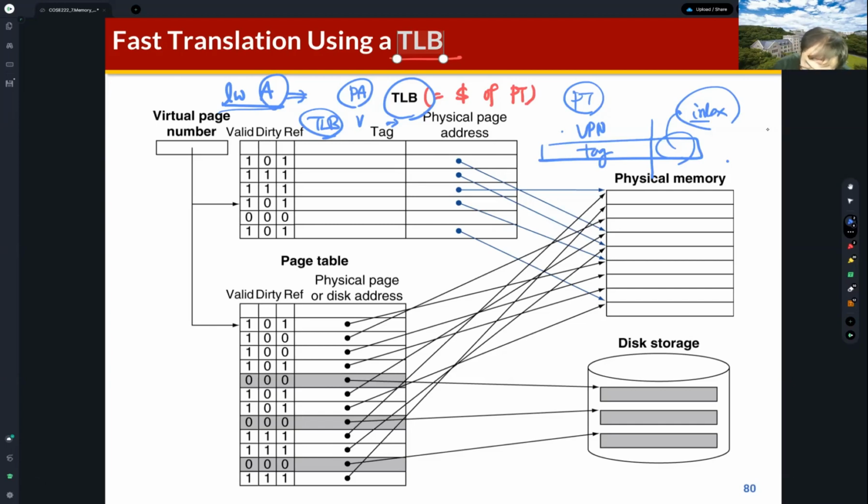So when this address is translated into the physical address, firstly the TLB is checked.